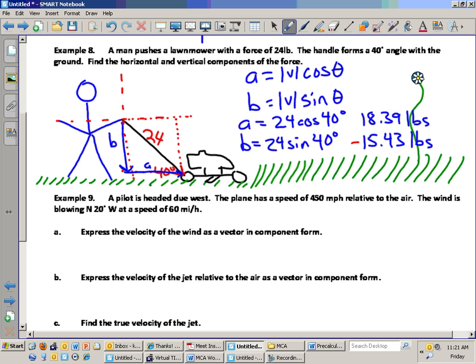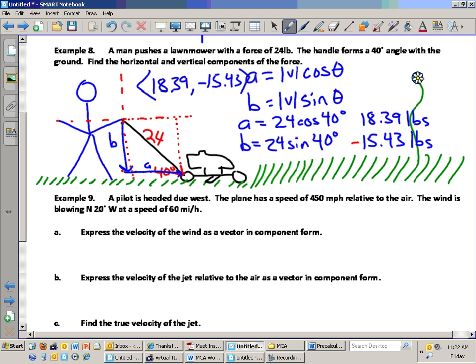So the component vector that makes this up would be 18.39, comma, negative 15.43. You should make it negative. If you miss it, I will take a very small amount of points off.